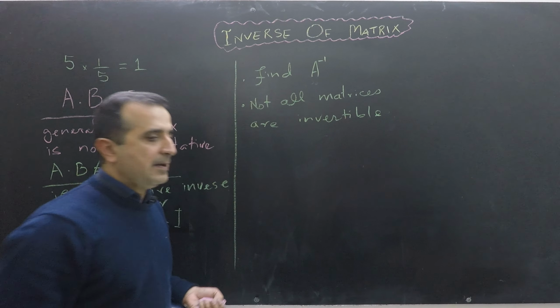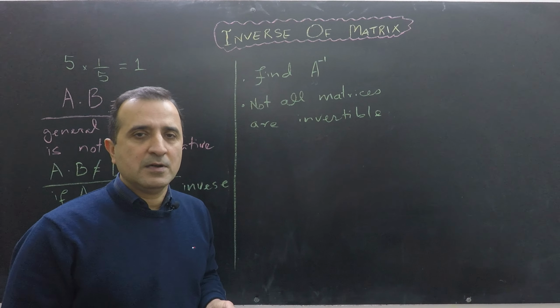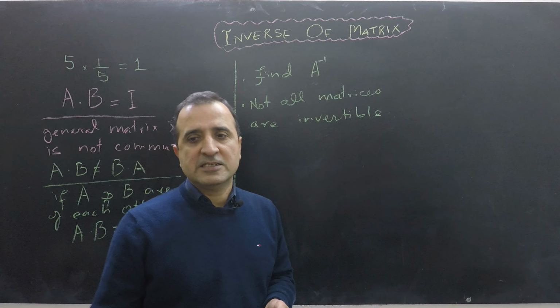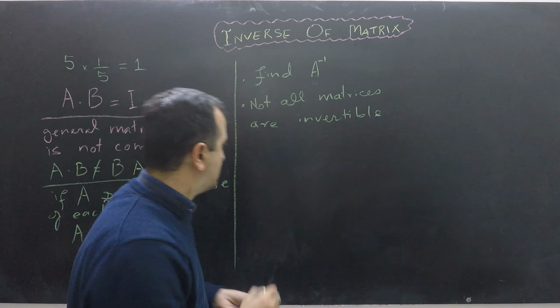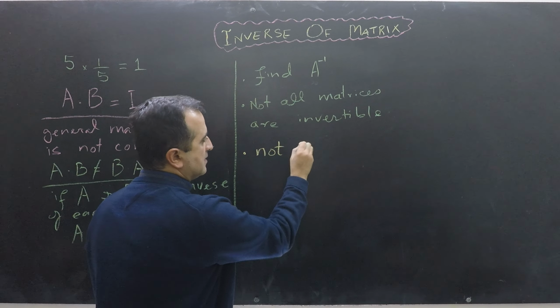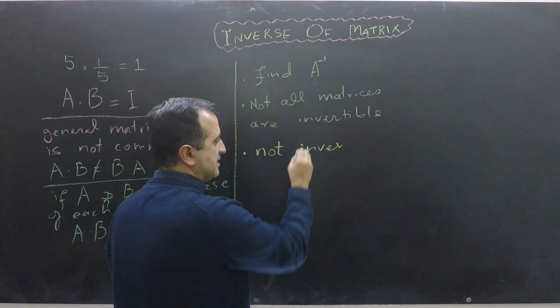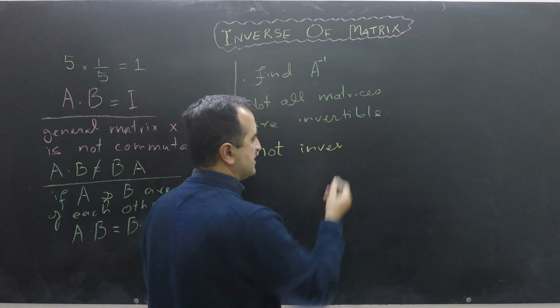The matrices which are not invertible are called singular matrices. That means if we cannot find the inverse of a matrix because it doesn't exist, then it is called a singular matrix.